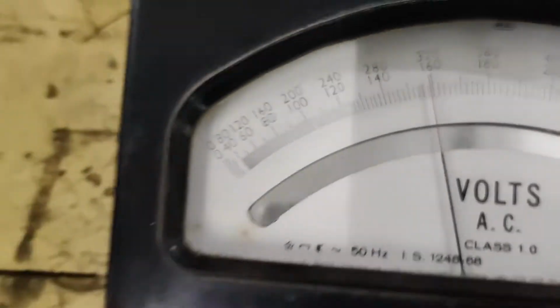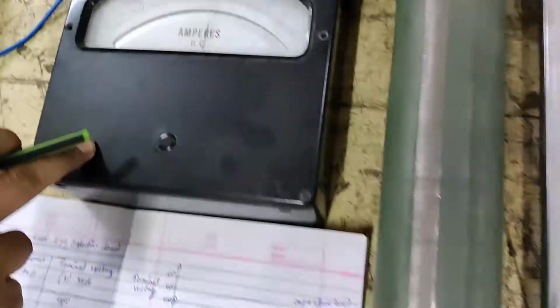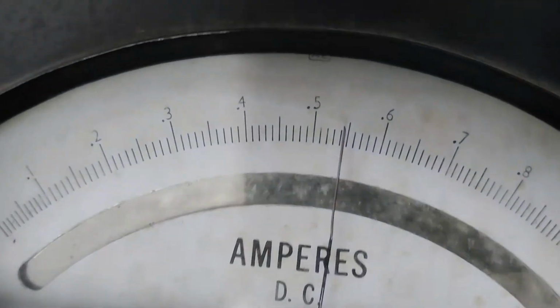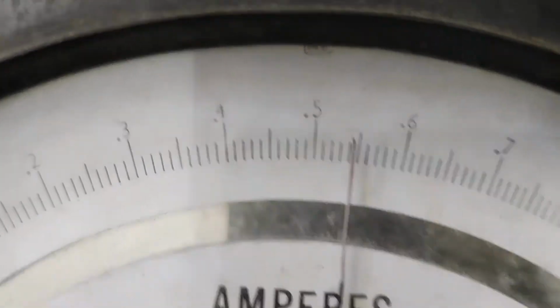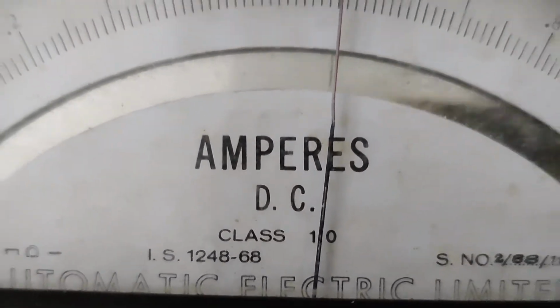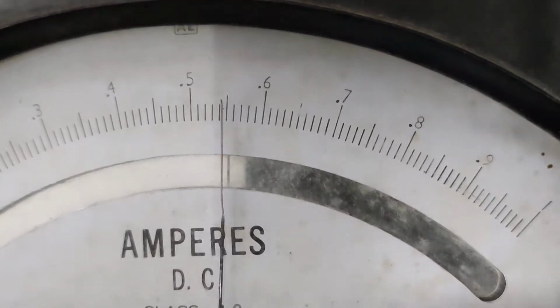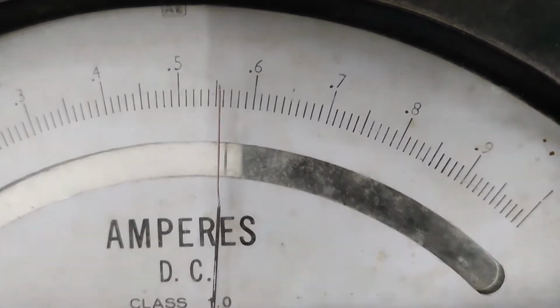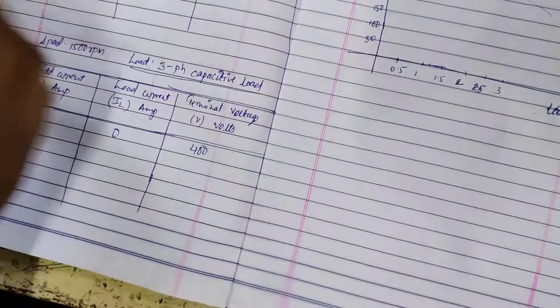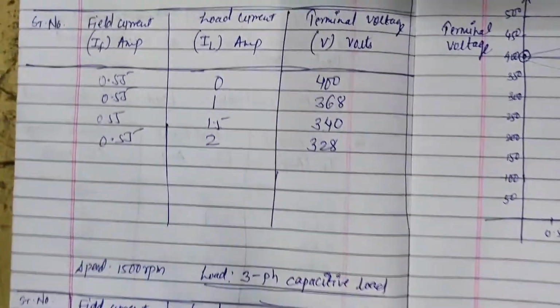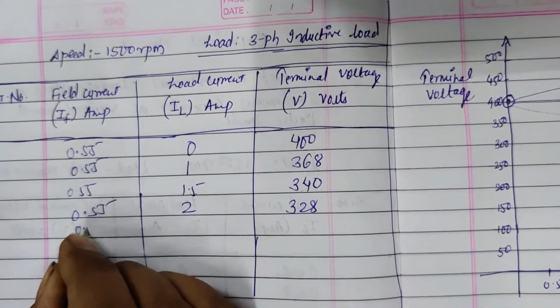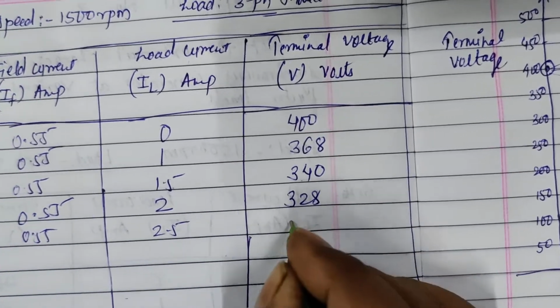Terminal voltage is 320 and field current is 0.55. Okay. So 0.55, 2.5, 320.